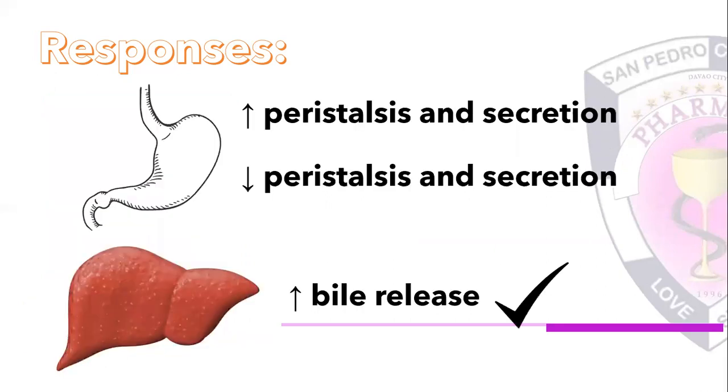How about in the case of your GI tract, specifically your stomach? Is it related to increased peristalsis and secretion or decreased peristalsis and secretion? During rest and digestion, ibig sabihin nito, there is an increased rate of peristalsis and secretion along with increased bile release.